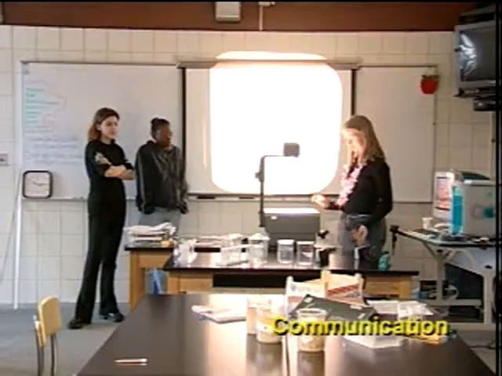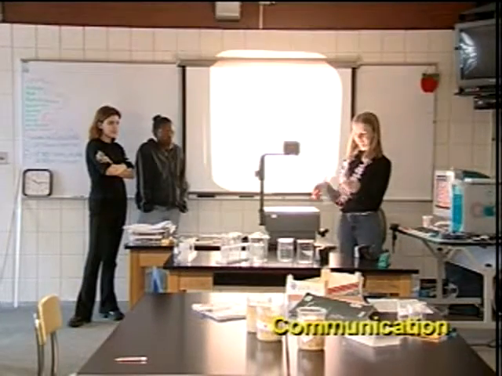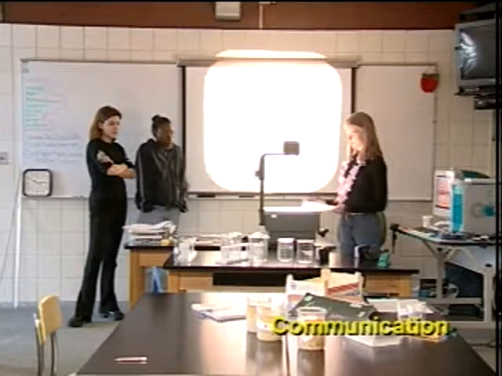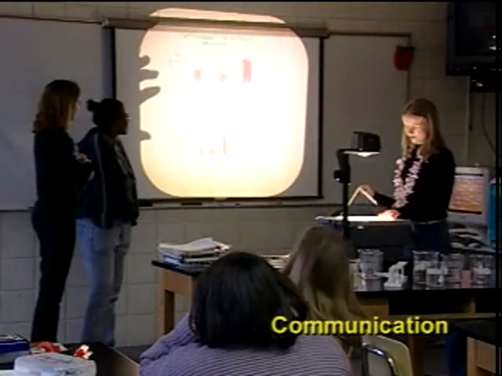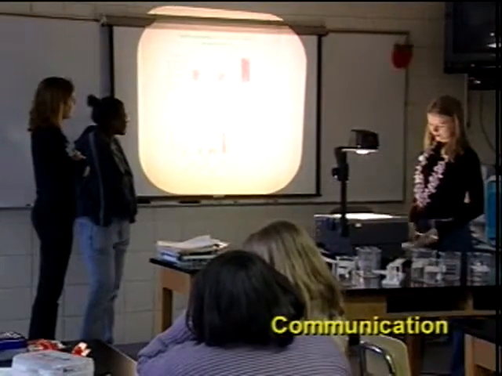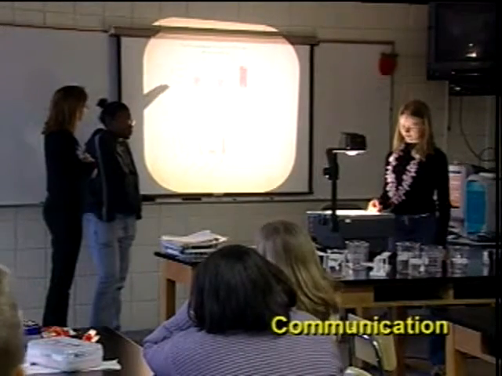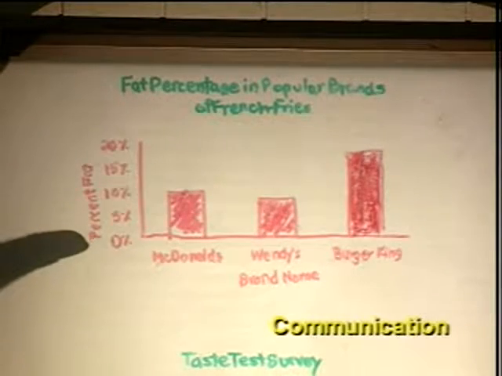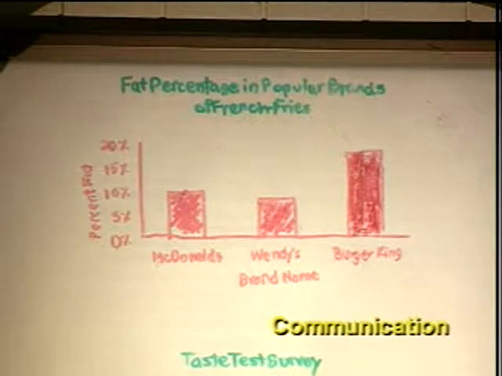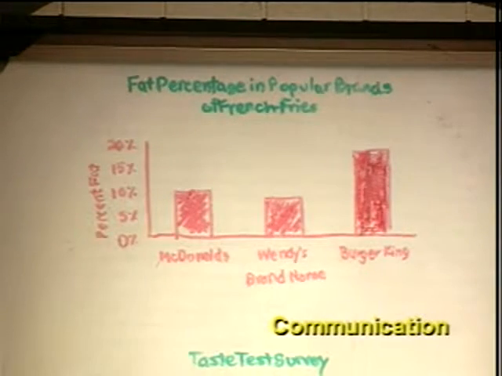The groups who finished their investigations present their data to the class. They apply information to answer their research questions, organize it using tables and graphs, and express their ideas in a presentation. This is the percentage of fat in each brand of French fry. Burger King had the most, then McDonald's, and then Wendy's.